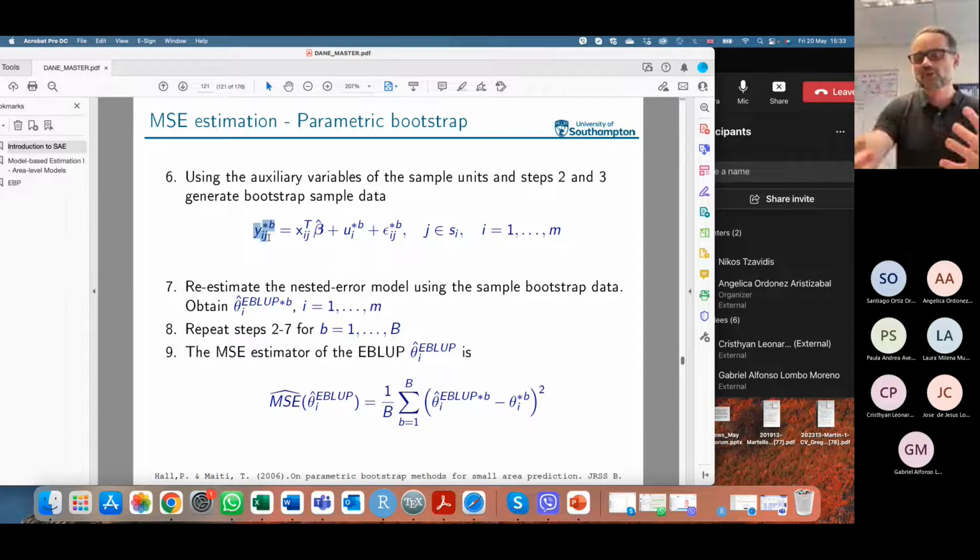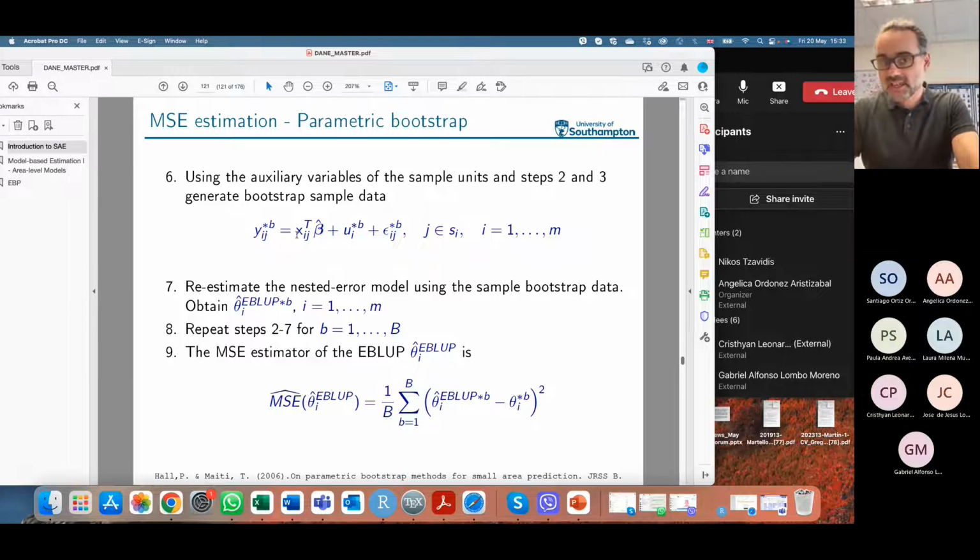They are the outcome of a model, right? And that's what you're doing here. You say that my bootstrap sample data, okay, will be y i j star b. They are basically the values that are calculated as h i j beta hat.